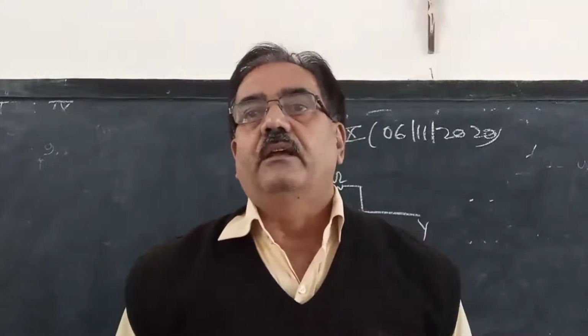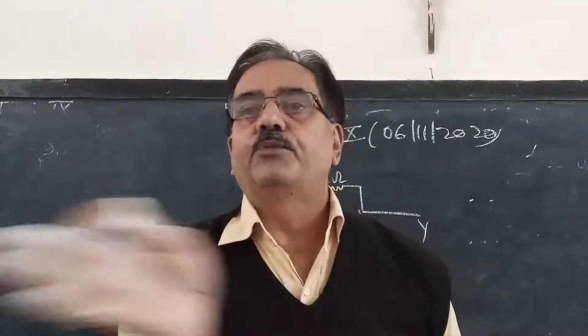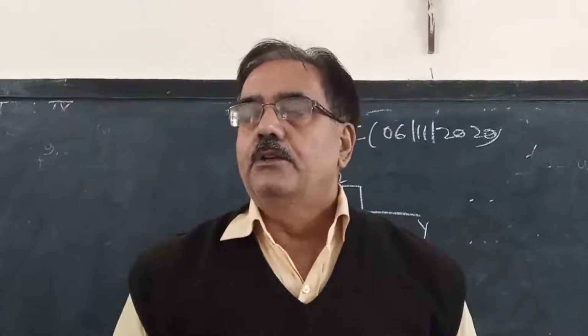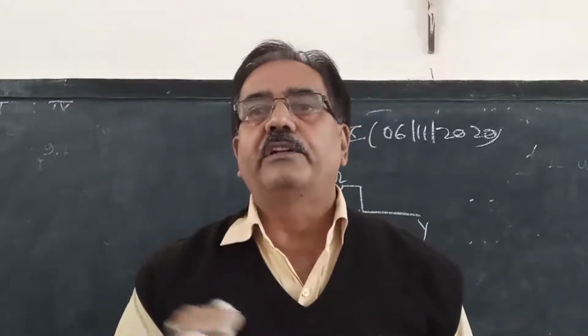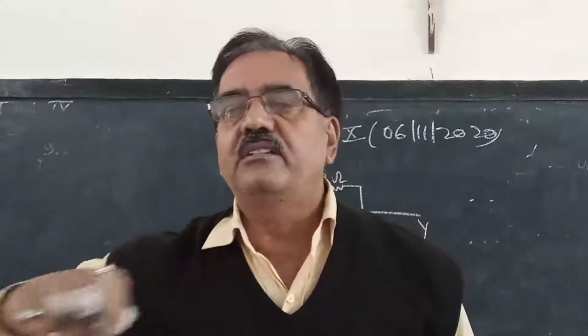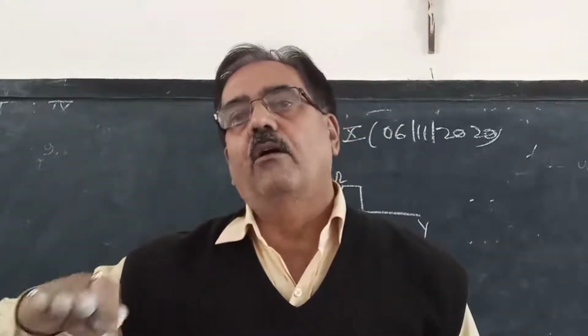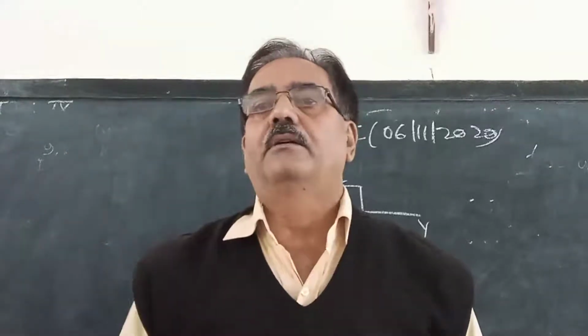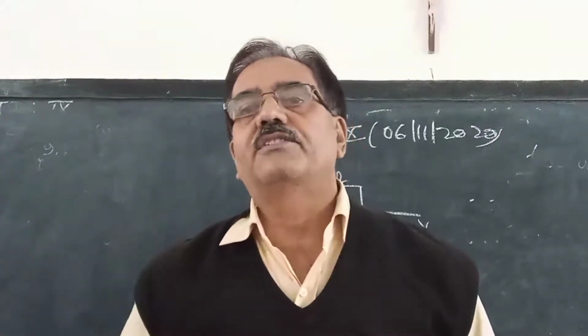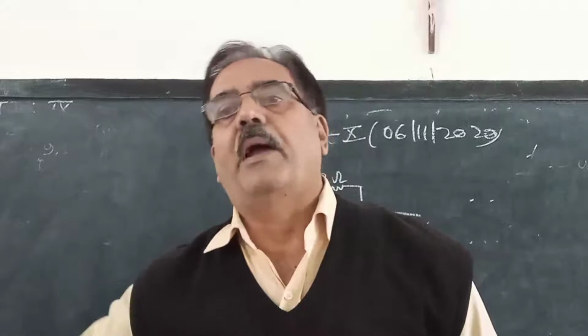Then the current will flow from positive to negative. So how many paths are there? If the current flows from positive to negative along one path, all the resistances will be in series. If there are different paths, then the resistances will be in parallel.